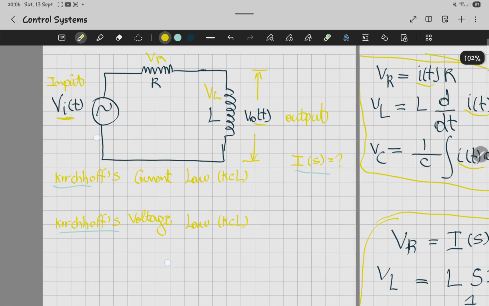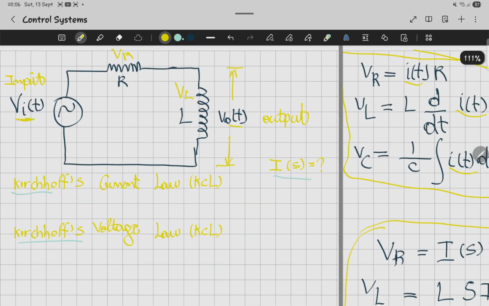So the formula is going to be exactly similar with the law of Kirchhoff. So what we're going to get here, we'll get something like this. Equal, so the input current equals the sum of current within the circuit. So it's going to be this one times R.